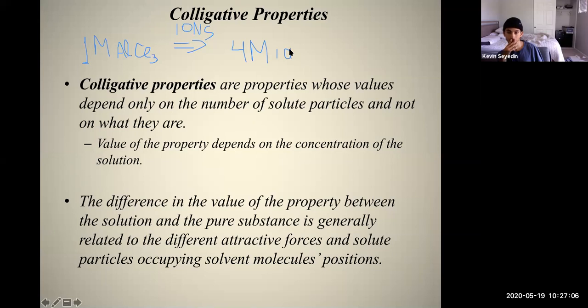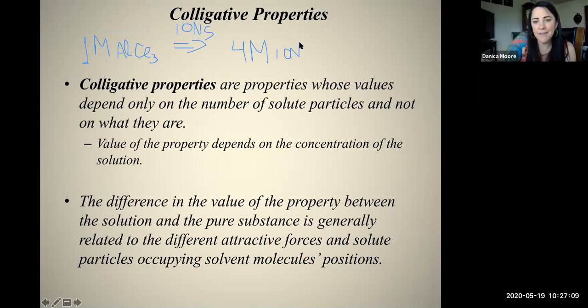which means that the concentration of ions is 4 molar. Now, is it exactly 4 molar? No, because not all of these are breaking up completely, right? You can form what are called ion pairs, where some of these things are technically dissociated, but they're still kind of stuck together. So would this technically be the concentration? No, it's a little bit off, but it's good enough, okay?